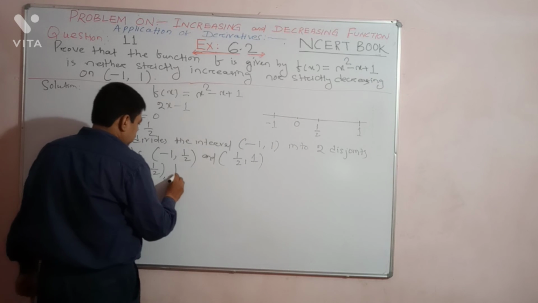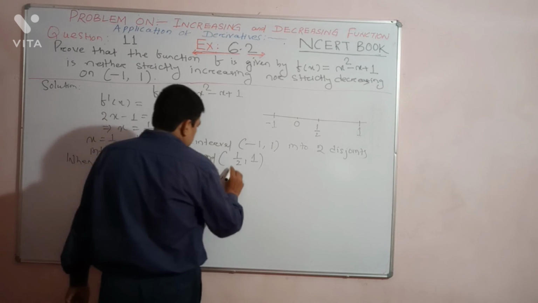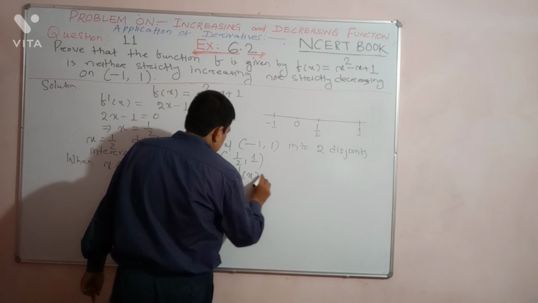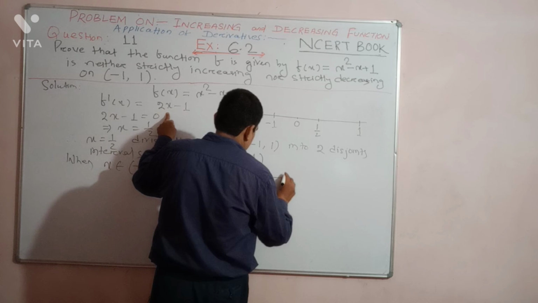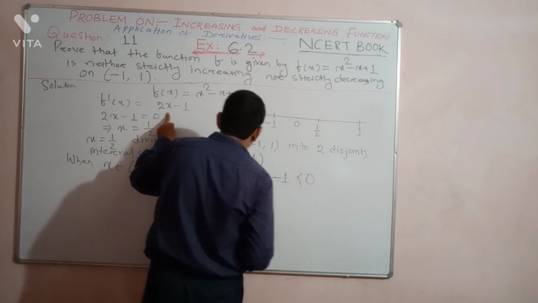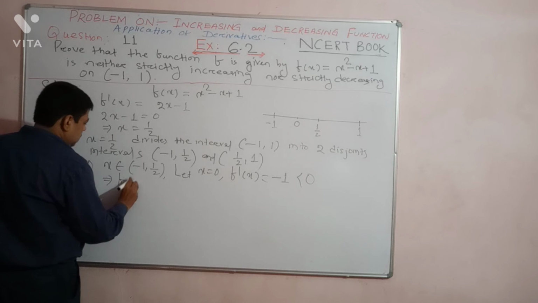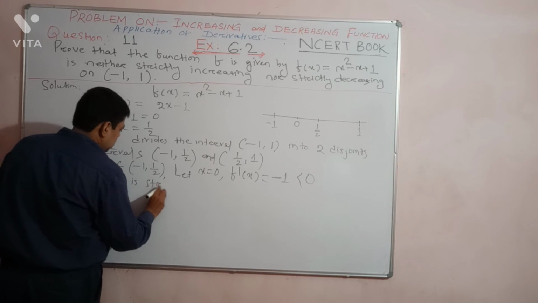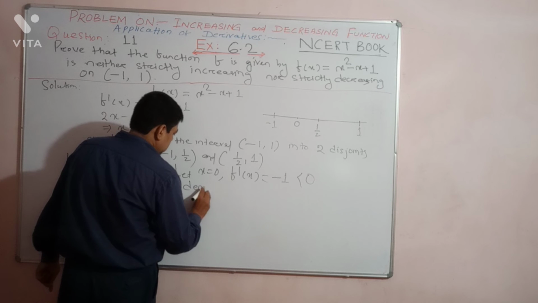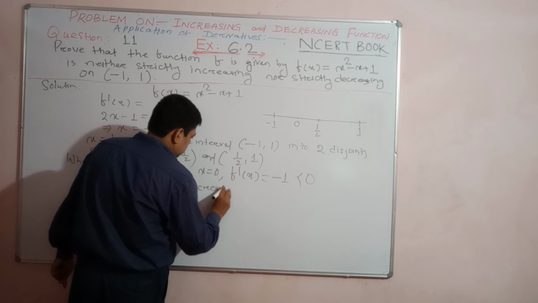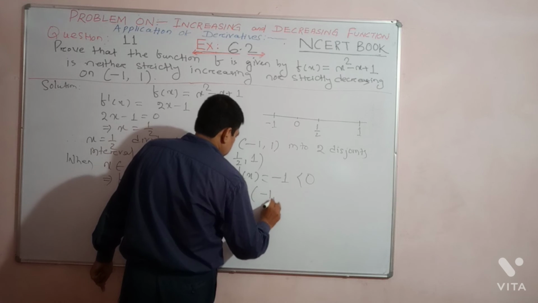If x = 0, then the value of f'(x) = 2x − 1 is −1, which is less than 0. It means f is strictly decreasing in the interval (−1, 1/2).